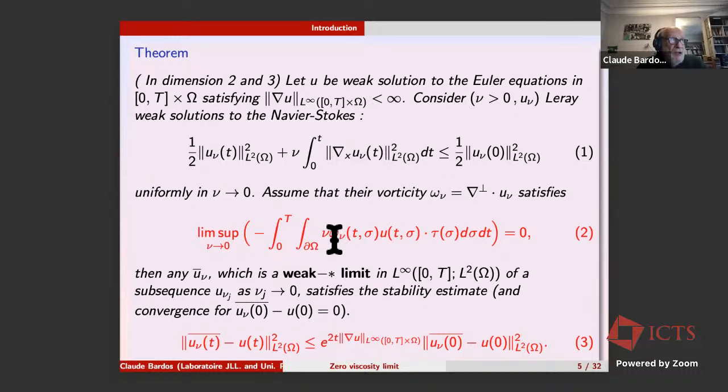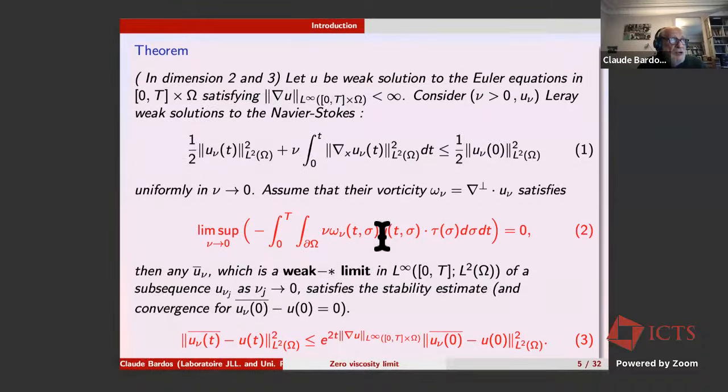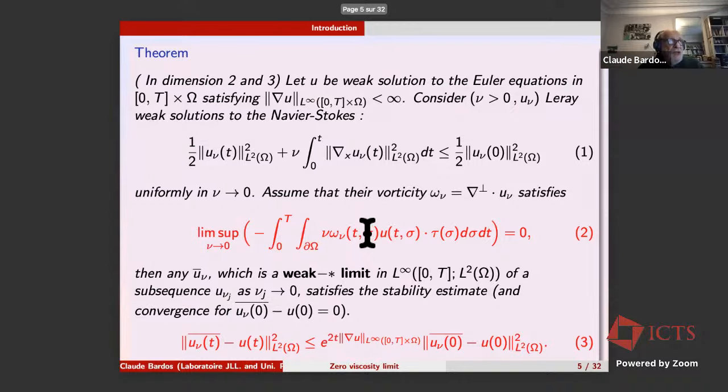Take the scalar and multiply that, in 2D it's a scalar, otherwise you take the scalar product, multiply by the tangential component of the velocity. Take this quantity, which is in equation 2, and assume that this quantity goes to 0.